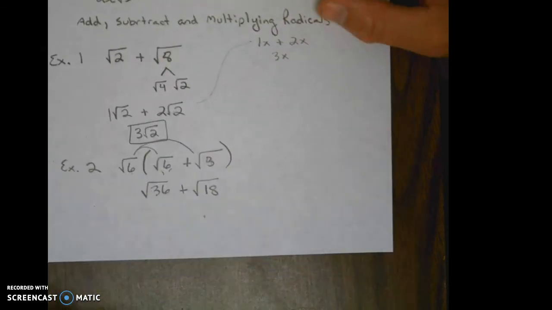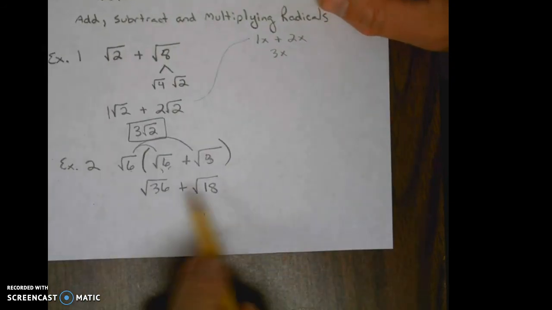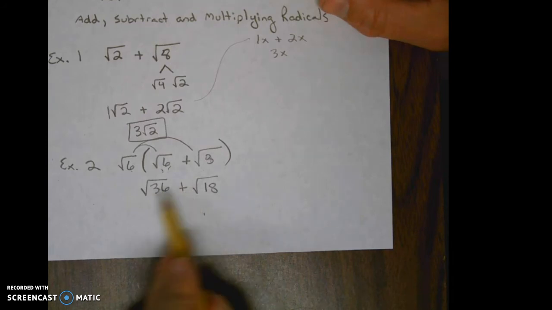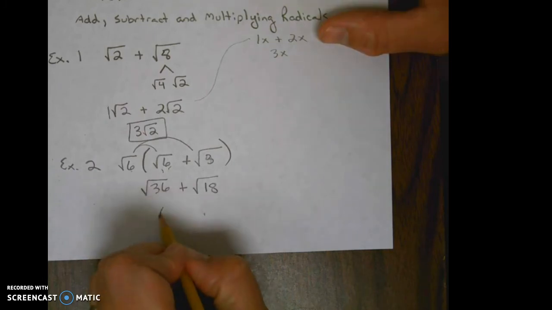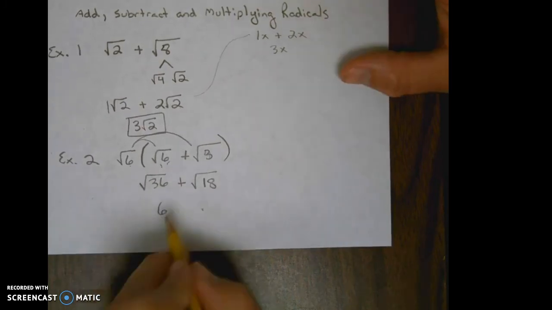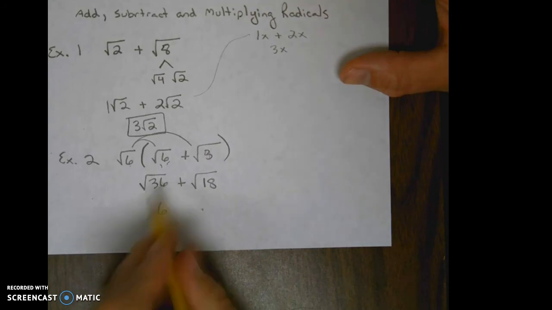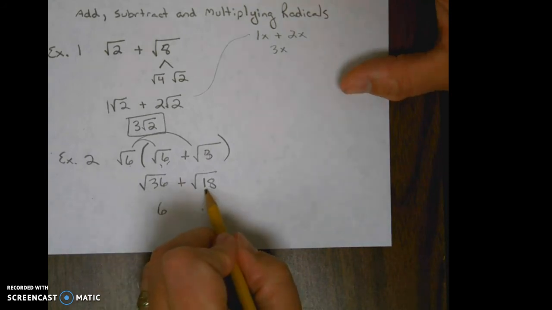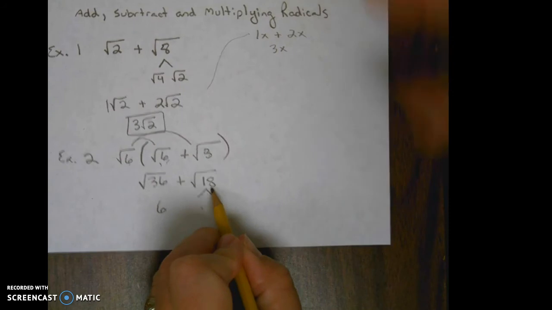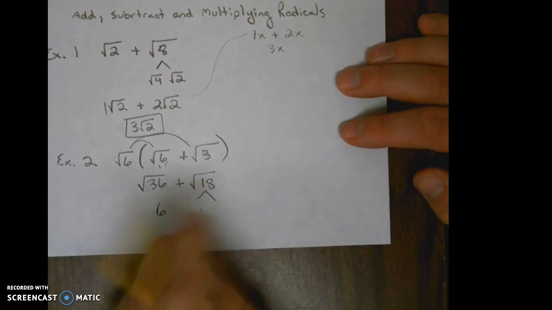Now the radicands are different, so we cannot add. So then we want to try to simplify. The square root of 36 is 6, because 6 times 6 is 36. And then the square root of 18, let's see if there are any factors that are perfect squares for 18.